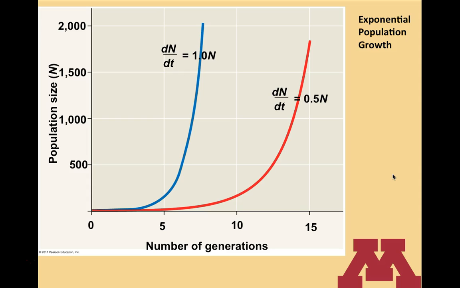So the equation of the exponential population growth is dN/dt equals Rmax times N.